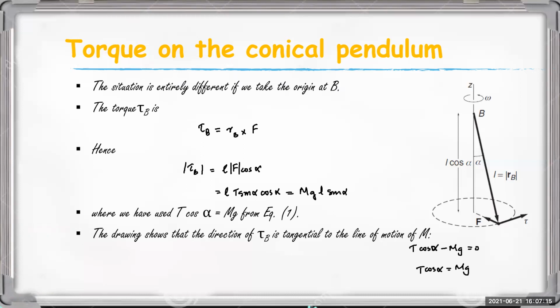Here the picture shows that the direction of tau B is tangential to the line of motion.